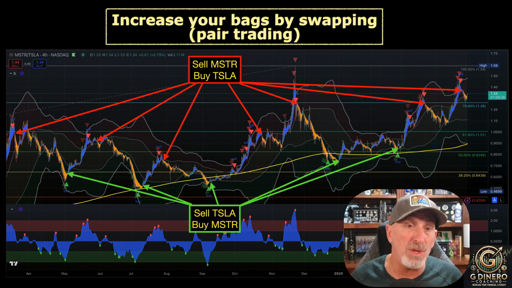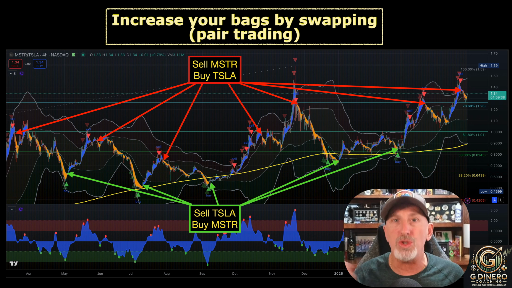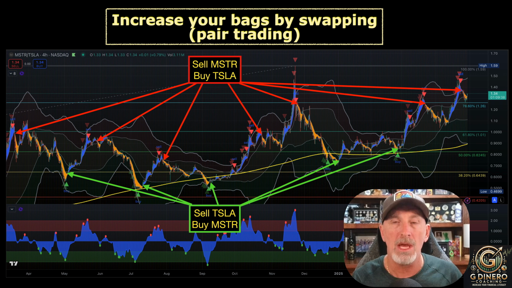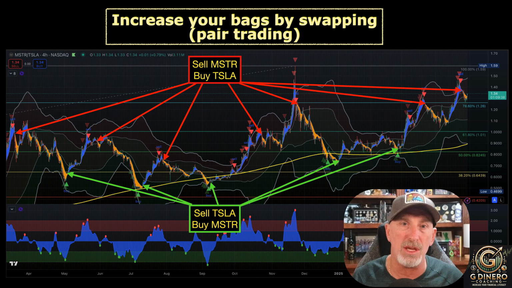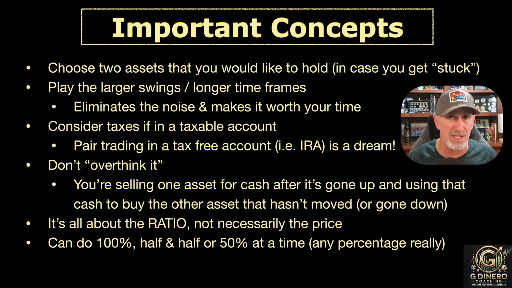On the other hand, when you get buy signals on the chart, you are buying MicroStrategy using your Tesla shares as the capital, as the cash, as however you want to say it. Okay, so when you have sell signals on the MicroStrategy divided by Tesla chart, you're selling your MicroStrategy and buying Tesla. When you have buy signals, you're selling your Tesla and buying MicroStrategy shares. So keep that chart in mind. We'll go back to it a little bit here in a second.